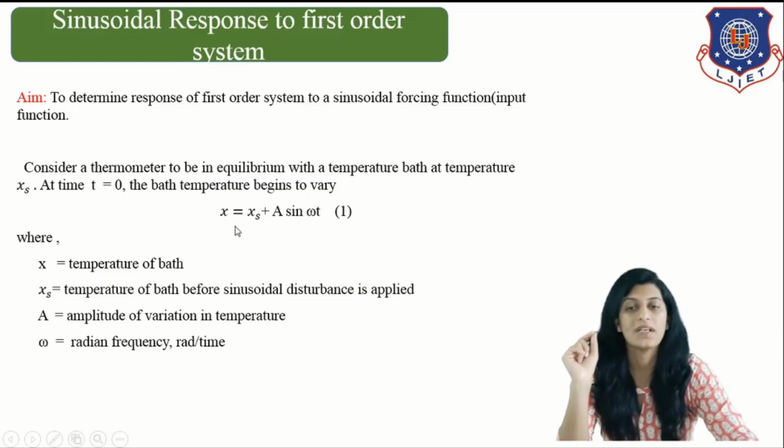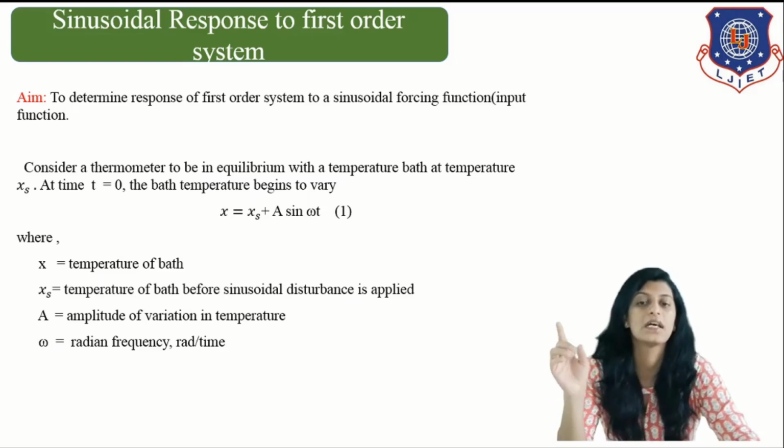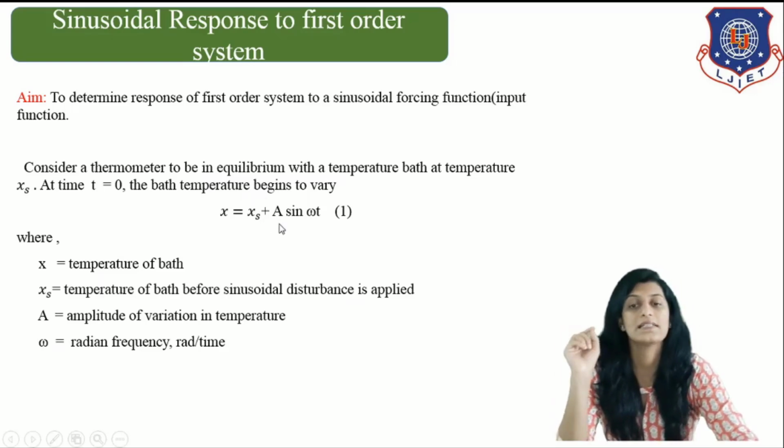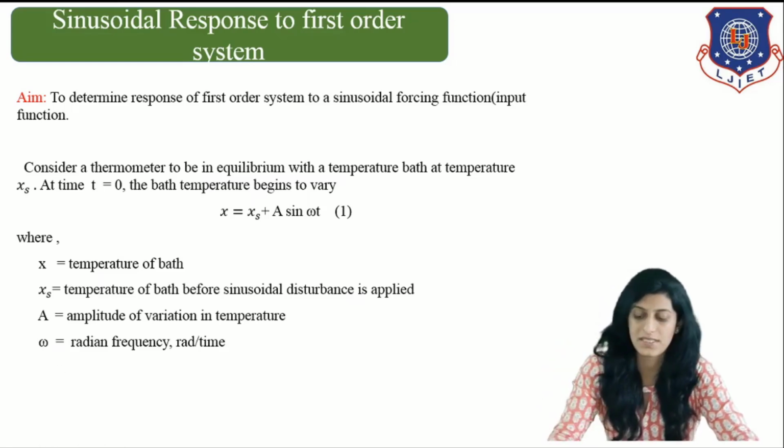Here X is the temperature of the bath, and Xs is the temperature of the bath before you provide that sinusoidal disturbance. Capital A is our amplitude variation in temperature and omega is the radian frequency.